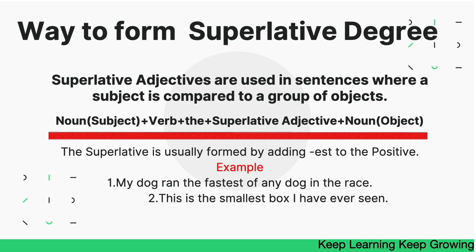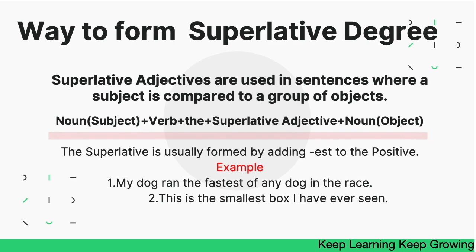When I am using a superlative one, we put the. The superlative is usually formed by adding est to the positive. Like small can be written as smallest, tall, tallest, short, shortest, bold, boldest, brave, bravest, and so on.